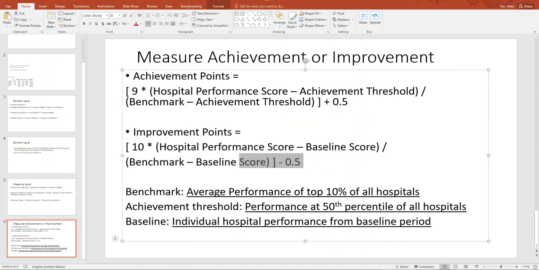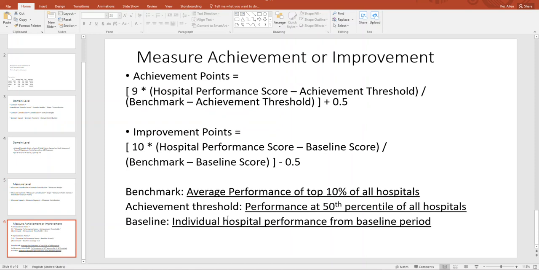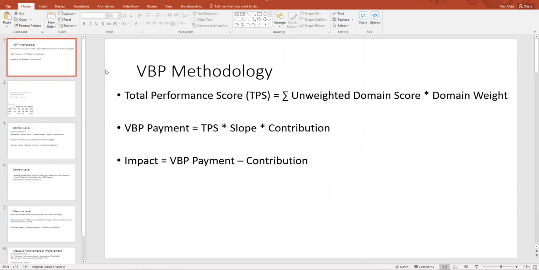And then again, here is the formula to calculate your achievement points and improvement points, and whichever is higher will be your final points to calculate your income. From here you can go backward to sum up all the numbers, and they should sum up to your total impact, your net income for your hospital.